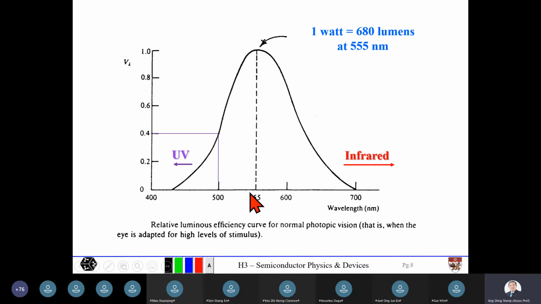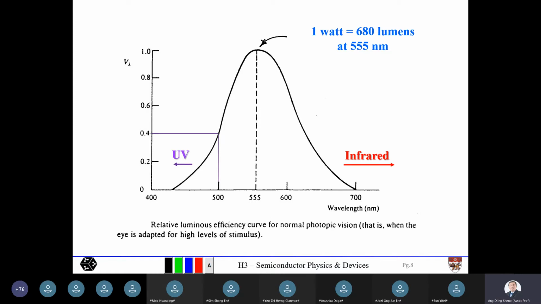Similarly, if you move above 555 nanometer, to 600 to 700 nanometer, you are going towards the red side of the visible spectrum. The human eye is less sensitive to red light of an equivalent amount of energy; it appears dimmer than green light.